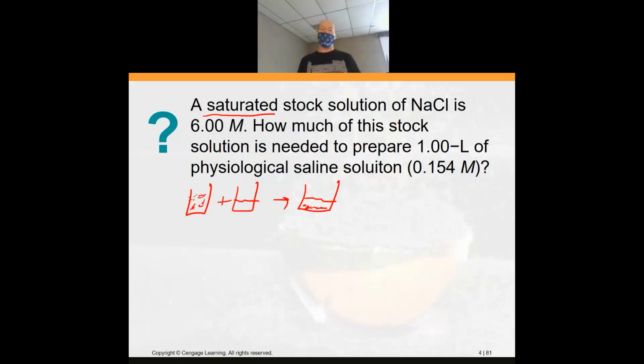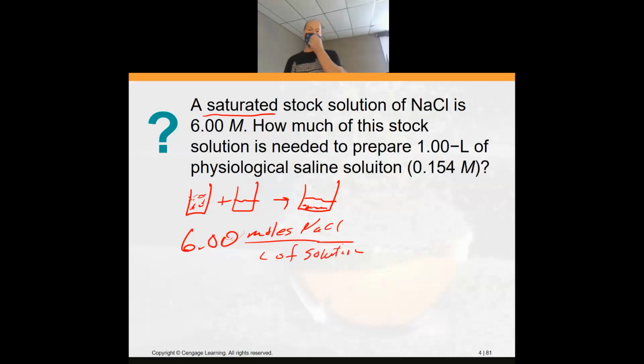It will not all dissolve. And so if you do that with NaCl, that solution is a 6 molar solution. 6.00 moles NaCl per liter of solution. Again, capital M is not helpful at all. You have to know what that means.